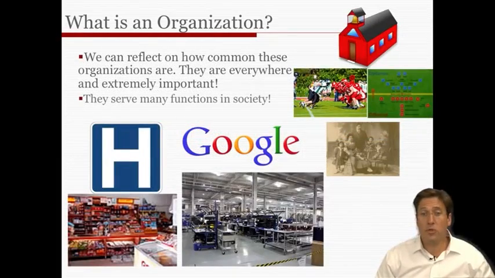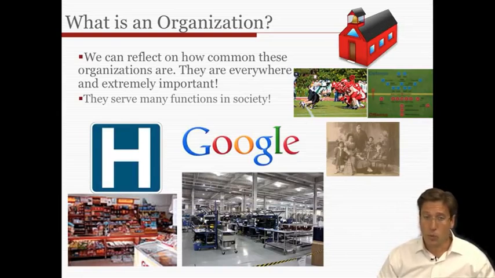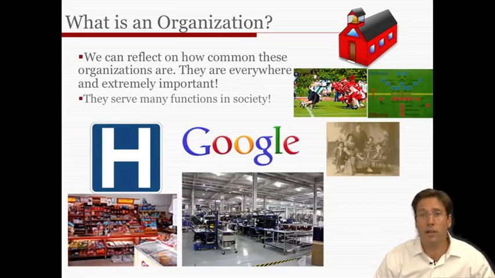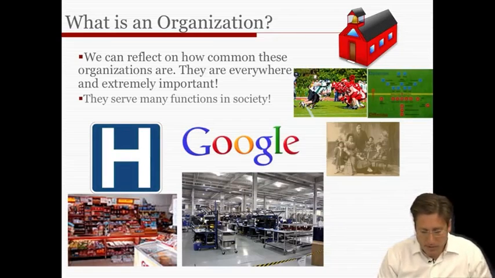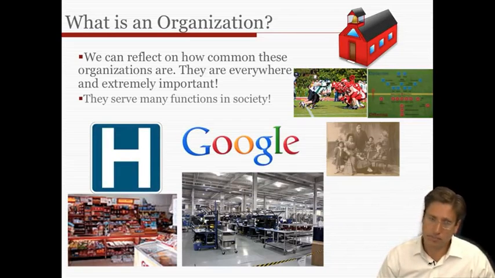Now that we have some sort of idea of what is and is not an organization, we can start reflecting on how common and important organizations are. Looking at this image, we see a variety of organizations.